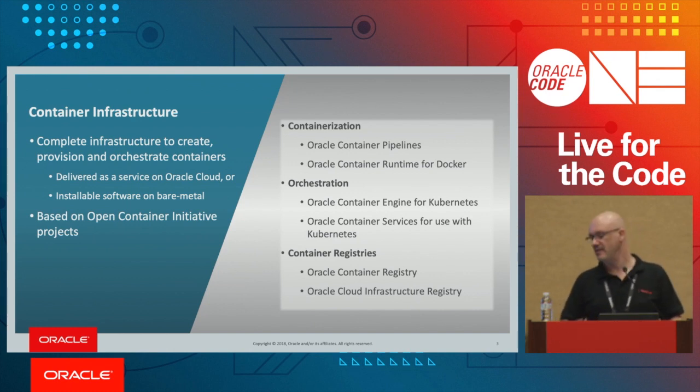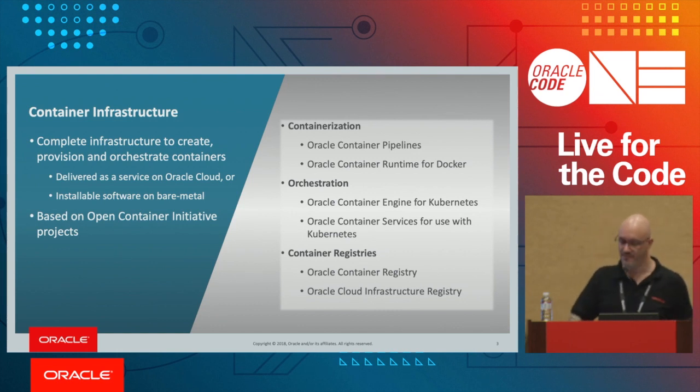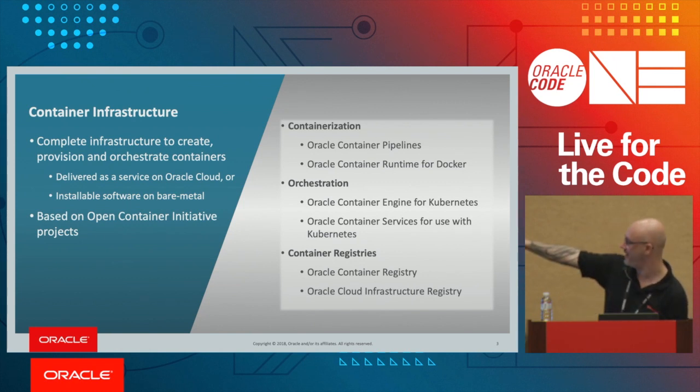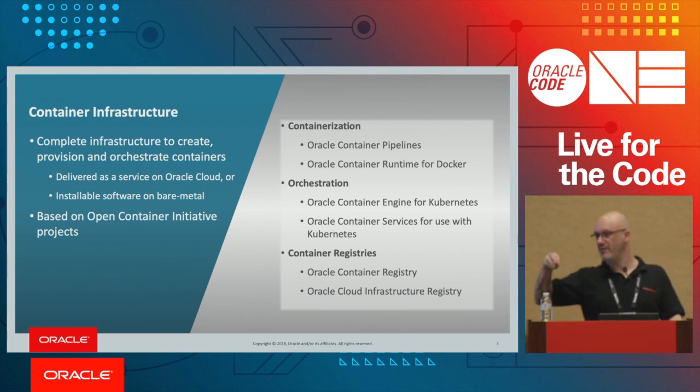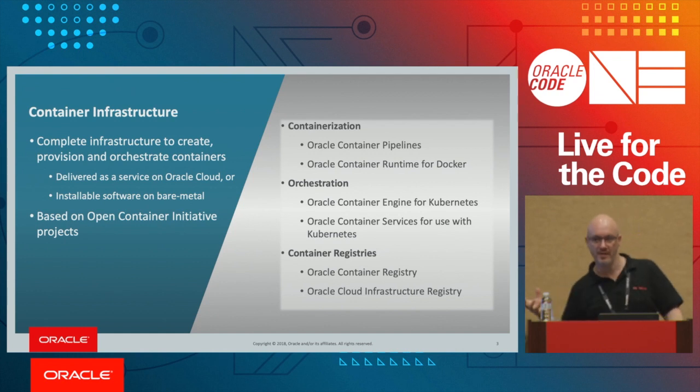So it goes from GitHub or GitLab or Bitbucket, one of those sort of source control locations, through Wercker, which is our cloud-based CI/CD system, through our managed Kubernetes offering, which is Oracle Container Engine for Kubernetes, and our Oracle Cloud Infrastructure Registry, which is a private registry per tenant. So we have all of the bits and pieces either on-prem or in the cloud for you to go from source control through CI, through CD, to push to your own container registry and then out into Kubernetes.